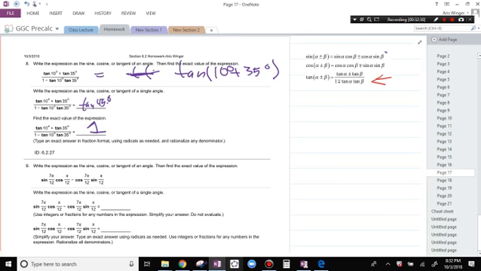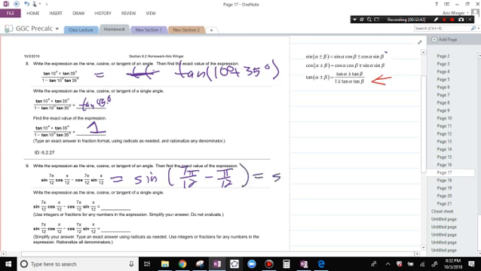They want to do all this stuff in radians now, right? It doesn't matter. Looking at the formulas, this is just the sine of 7 pi over 12 minus pi over 12, right? That's the sine of 6 pi over 12, but that is just the sine of pi over 2.